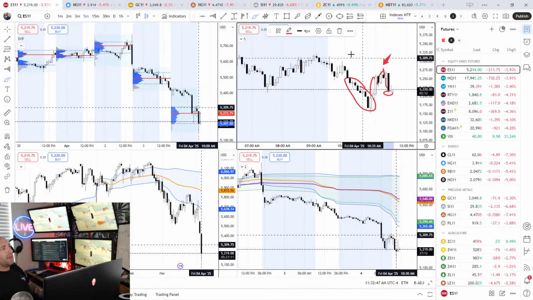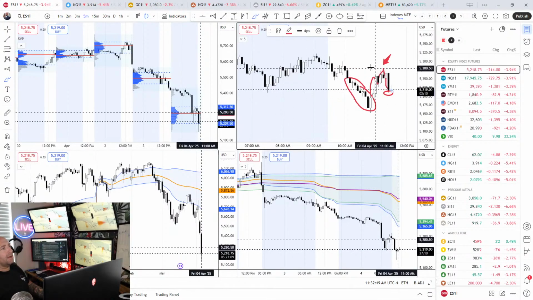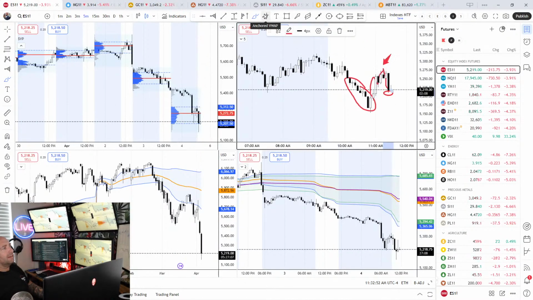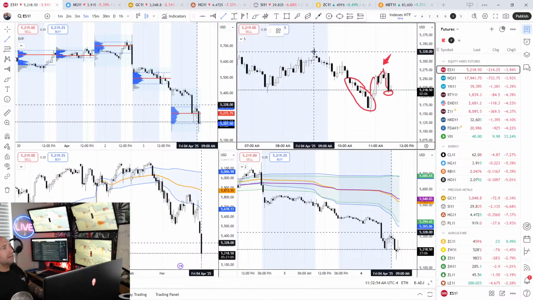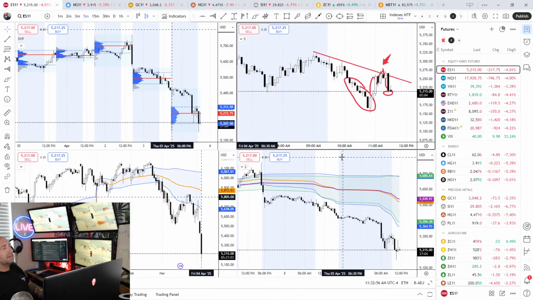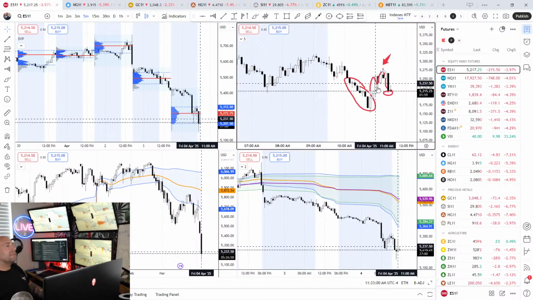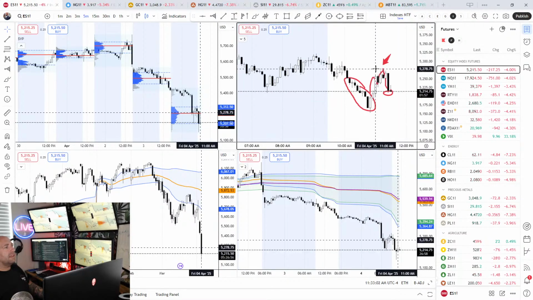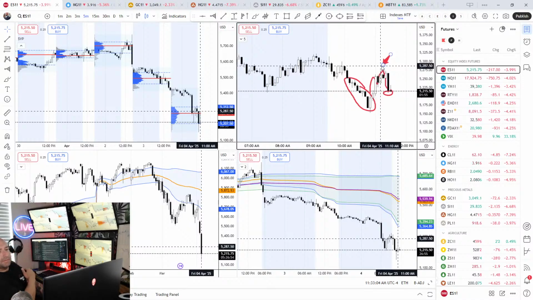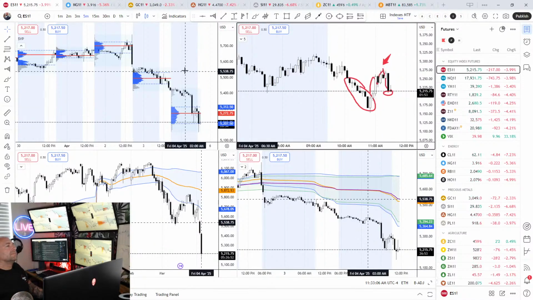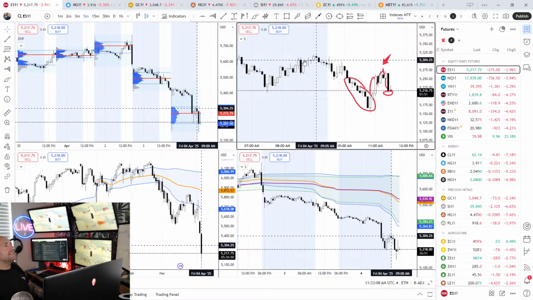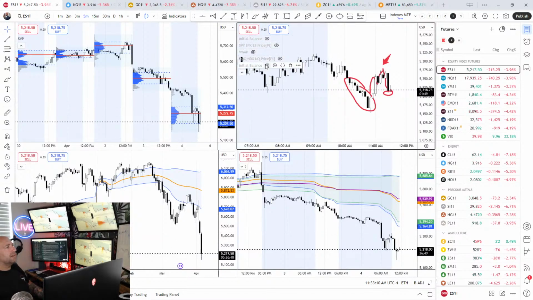And then we return to value, which is this area here. Now, we shouldn't expect to go higher. You know, if you're a trend line trader, you know, I don't know. But this was clear return to value and then heading into VWAP here. All very important price levels if we put them on the chart.